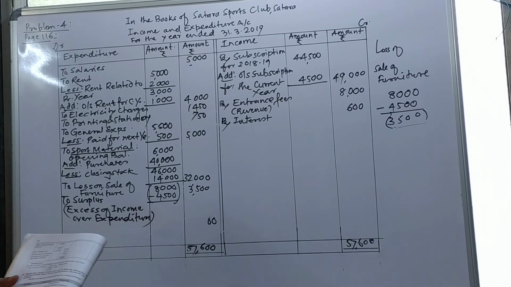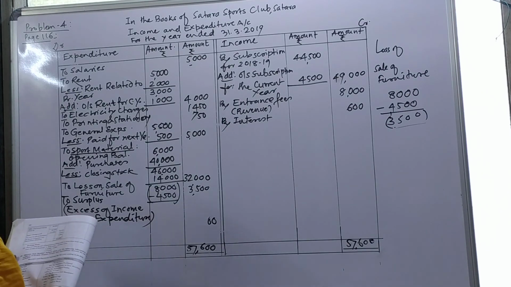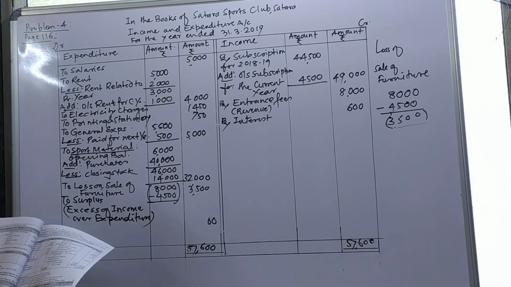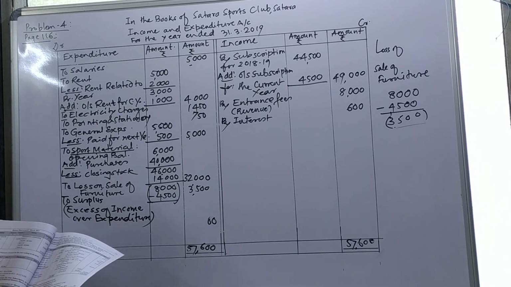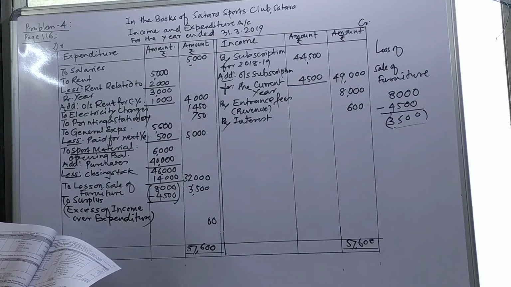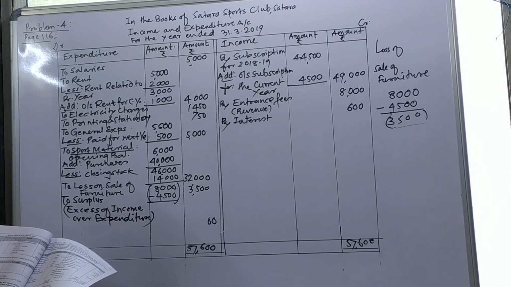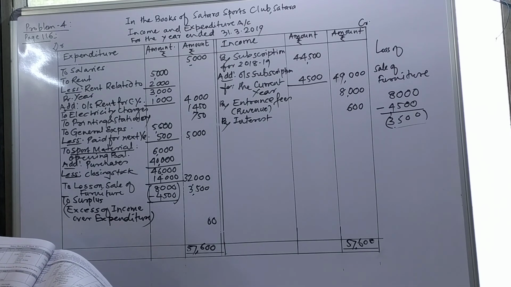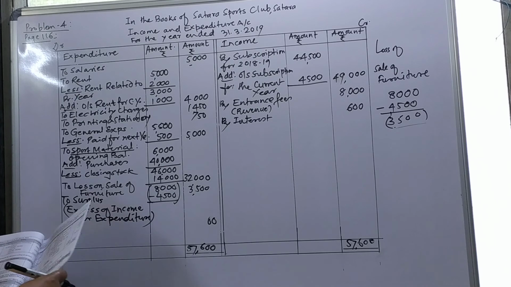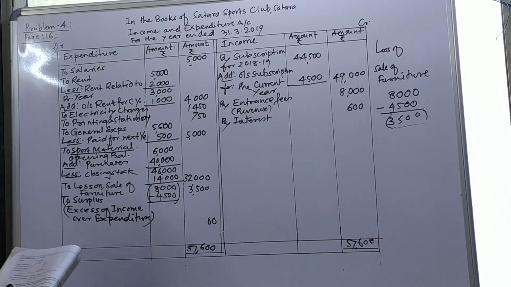Just see the expenditure side: there is 5,000 and 4,000, 1,450, 750 and 5,000, and that is 32,000 and 3,500 you will get there.